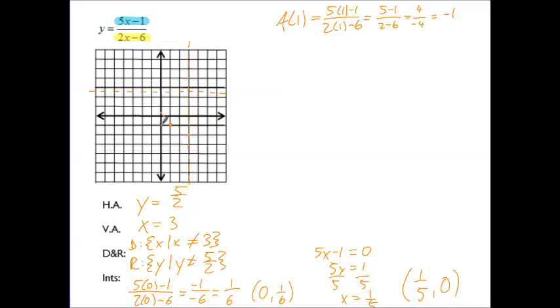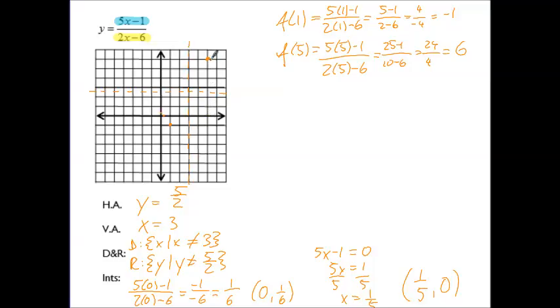For example, 5. f of 5 is equal to 5 times 5 minus 1 over 2 times 5 minus 6, in other words, 25 minus 1 over 10 minus 6, 24 over 4, which is 6. At positive 5, we have a y-coordinate of positive 6.